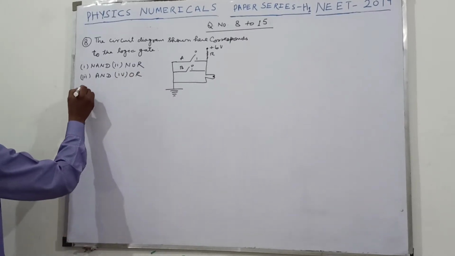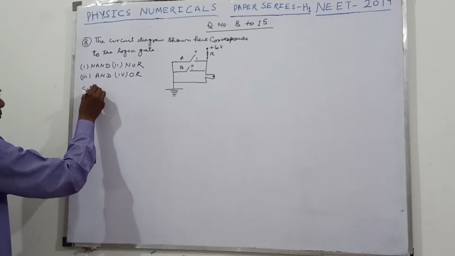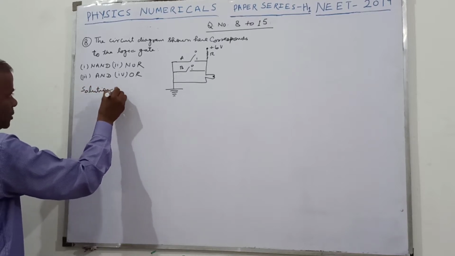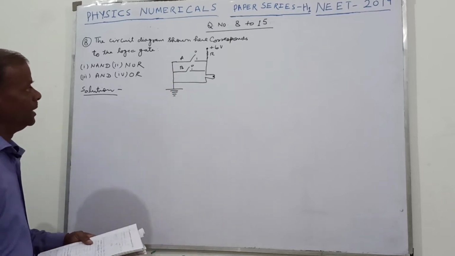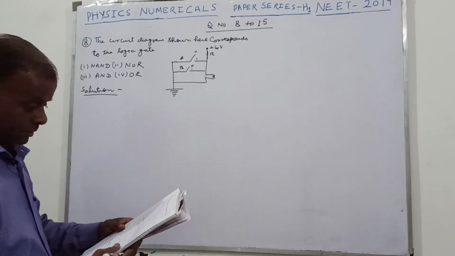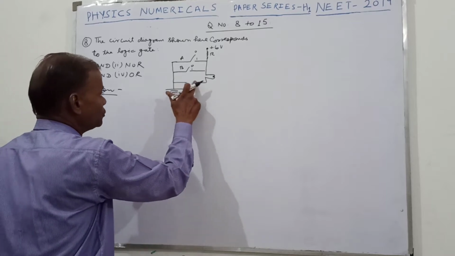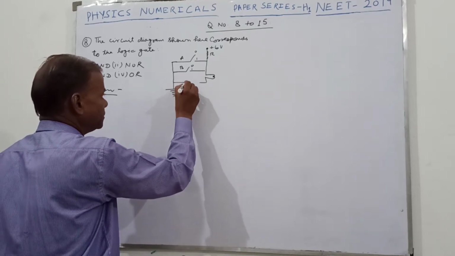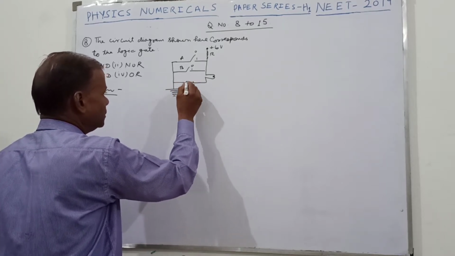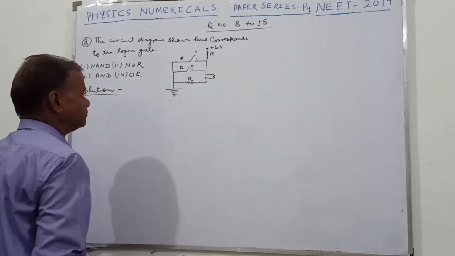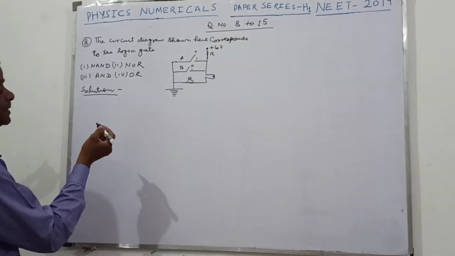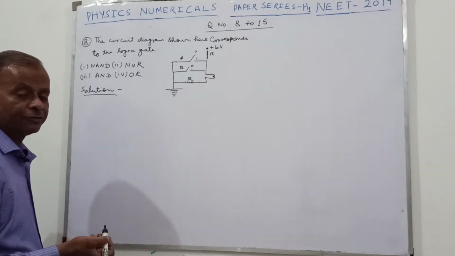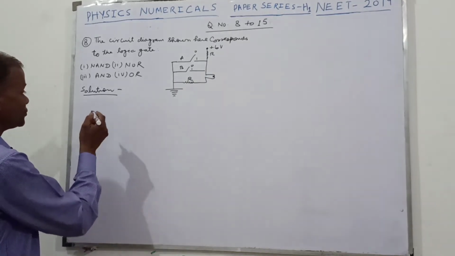Now for the answer to this question, you are given the inputs A and B, and you see that here this is a resistance, and also on this side this is also the resistance R. So now let us make the truth table, then we can find which gate it corresponds to.